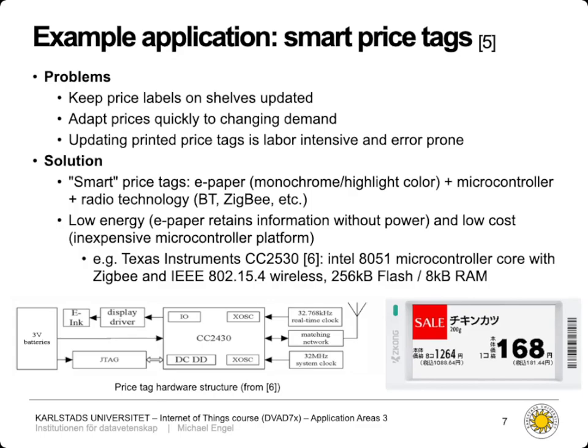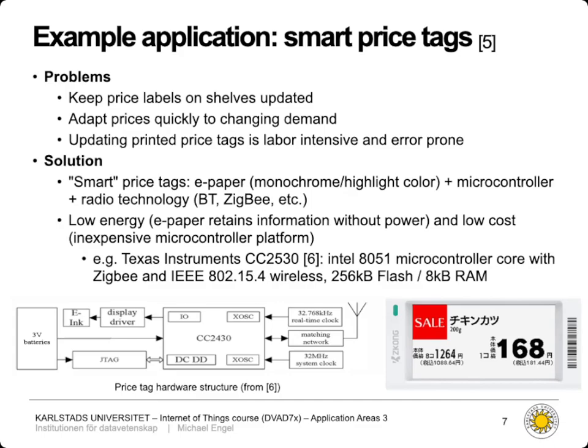And usually you don't have a power line running through your shelves, except if it's a cooling shelf, obviously, or something. So essentially, it's very problematic to build this with traditional technology, and you would have had relatively expensive hardware components like 20 years ago to realize this because you maybe needed to install cables to keep the labels updated.